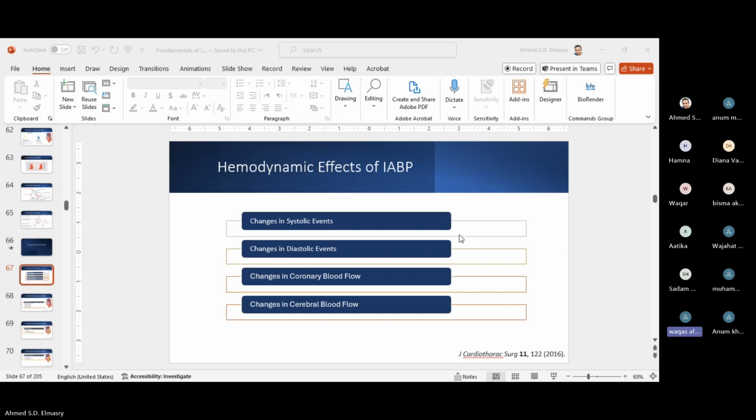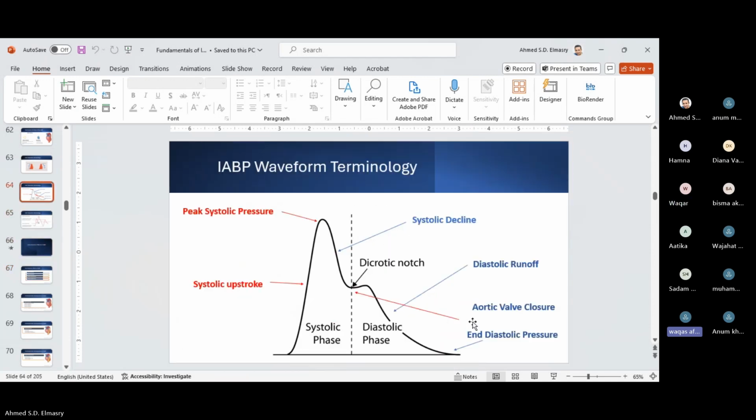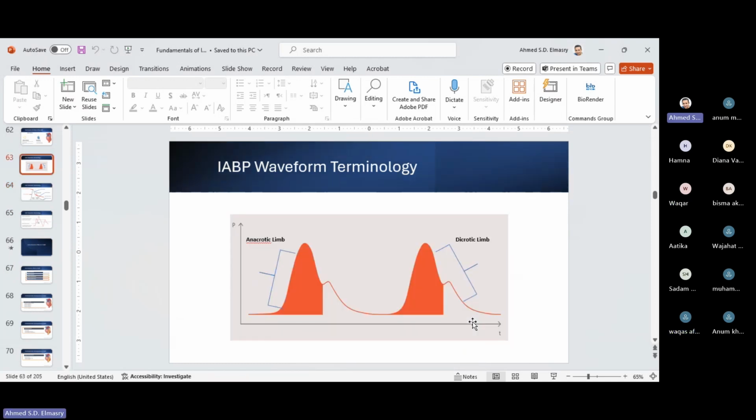Thank you. And doctor, I have some question. You told that in arterial elastance, when the afterload increases, that leads to decrease the stroke volume, right? If the afterload increased, this will decrease the stroke volume. Yes.